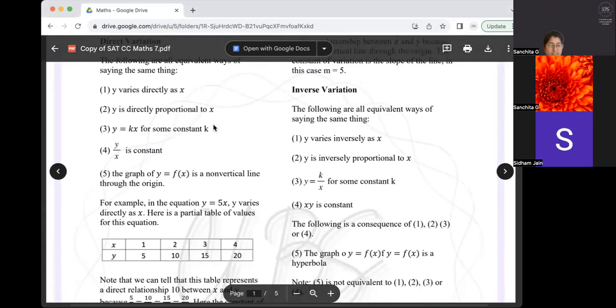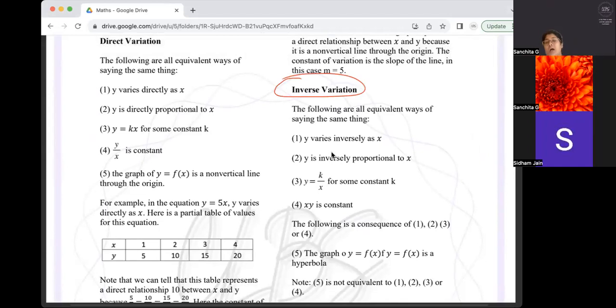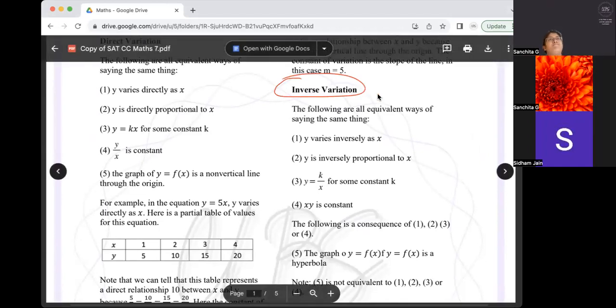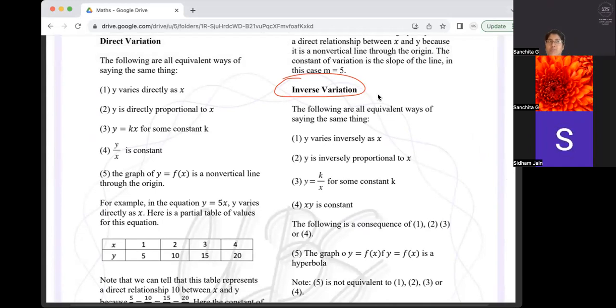What is indirect? Let's understand the theory first. Indirect variation, it's like the price and demand. Let's say I take the price of ice cream. The price of ice cream has increased, so the demand for ice cream will decrease, correct?